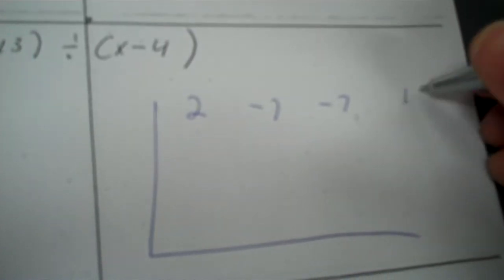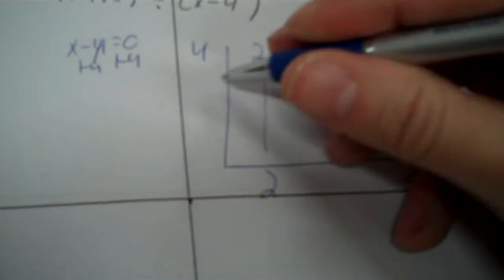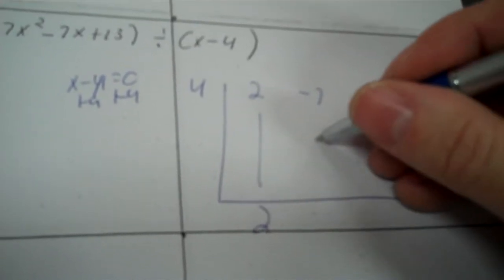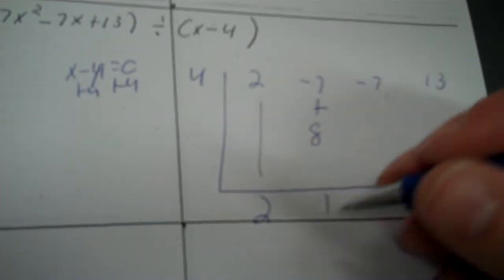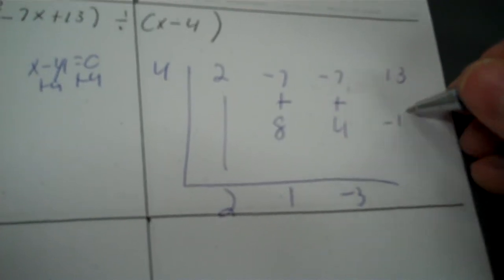Okay, next one, we got 2, negative 7, and 13. So I take that x minus 4, so my outside divisor is 4. Drop the 2, 2 times 4 is 8. Don't put 8 here, you have to line it up here, and that's 1. Negative 3. Okay, here I got a remainder of 1.